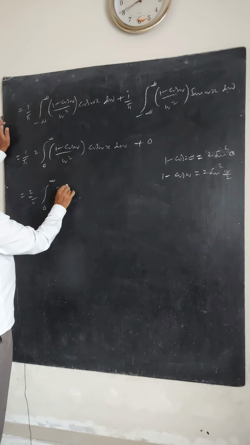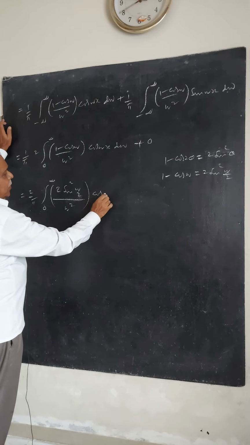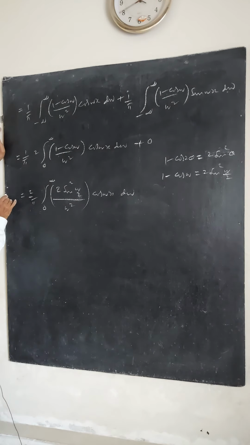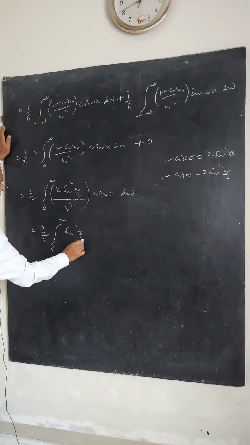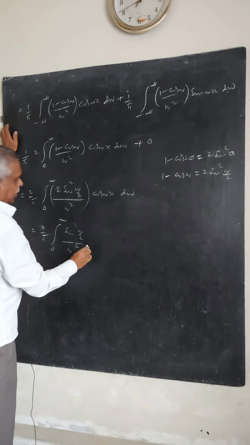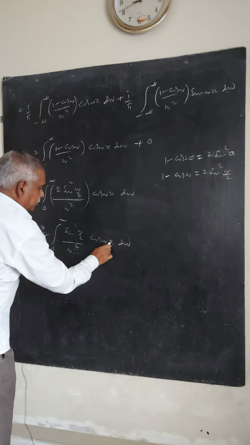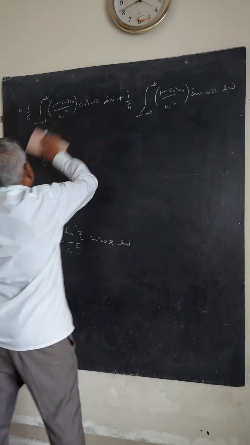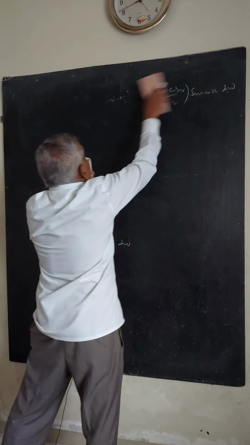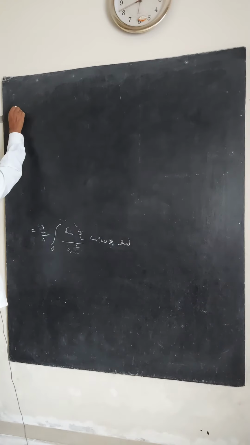Therefore, 2 sin square omega by 2 by omega square, cos omega x d omega, which is f of x. 2 comes out: 4 by pi, 0 to infinity, sin square omega by 2 by omega square, cos omega x d omega.